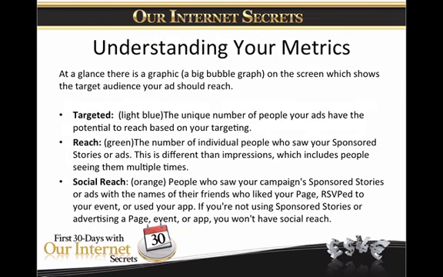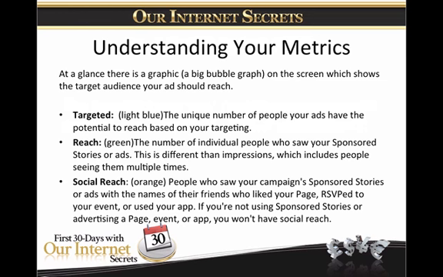So at a glance, if you're looking at your Facebook page, there's a huge big bubble on the graph kind of thing on the screen. It shows our target audience and who the ad is reaching. You'll notice that there's targeted. That's the light blue part of the bubble.